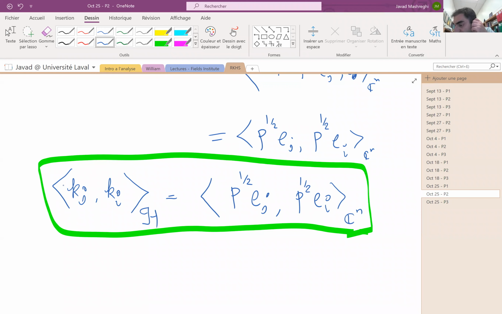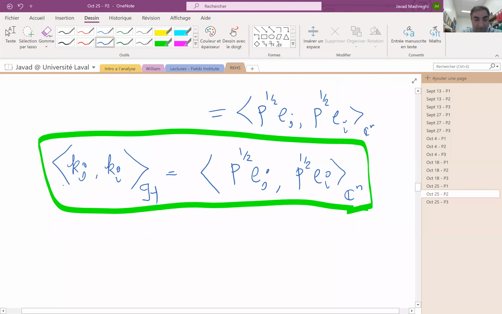Another thing that it helps us to do is to define an operator A from Cn to H of K by the following formula.